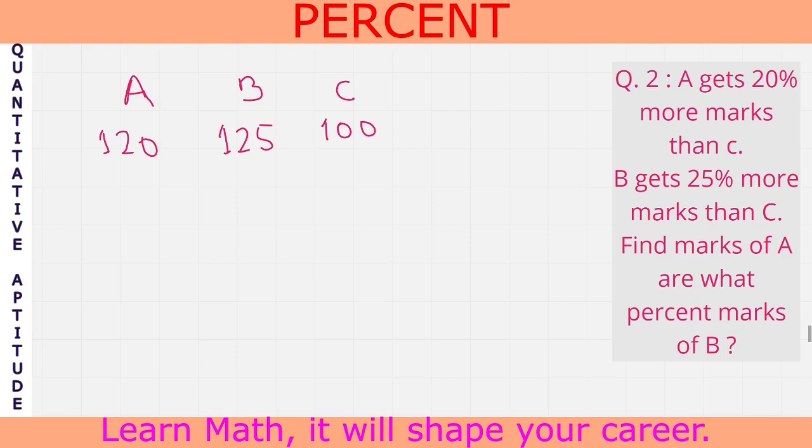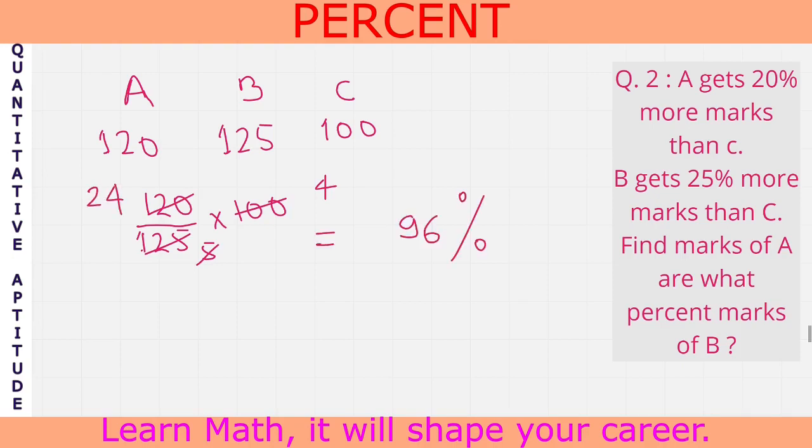Now we have to find marks of A are what percent of marks of B. So 120 is the marks of A, and of B means that it is to be in the denominator. So 125 in the denominator, which is marks of B, into 100 for percent. 25 cancels 125 five times and 100 four times, and 5 cancels 120 twenty-four times.